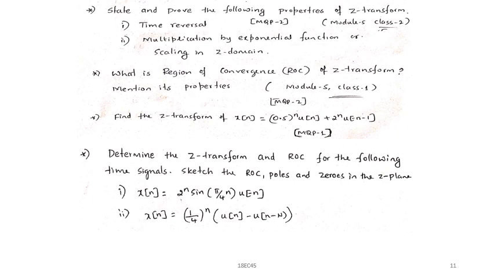So to summarize the Z transform class, that is module 5, you started with the introduction to the Z transform, definition of Z transform, ROC, properties of ROC, then properties of Z transform, then problems on Z transform, problems on properties of Z transform, inverse Z transform by partial fraction method, power series method.